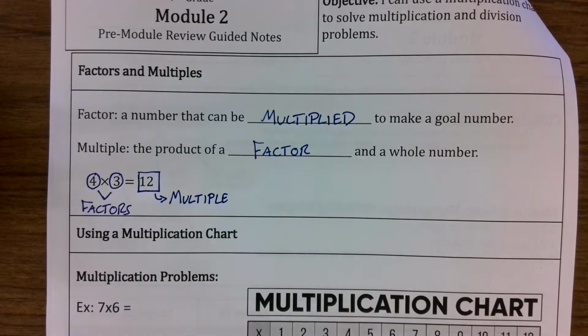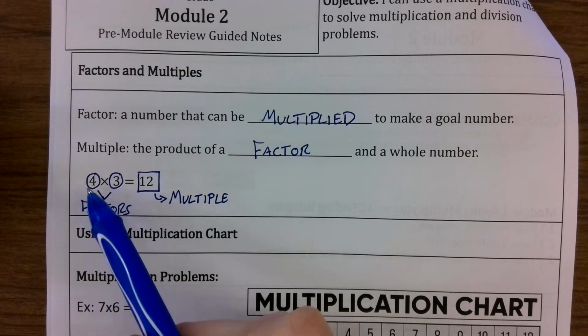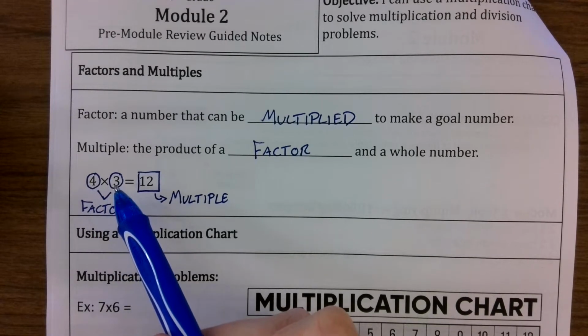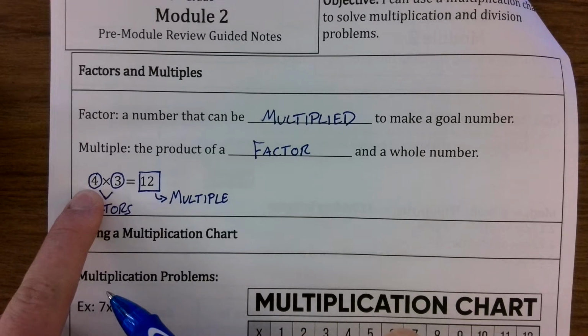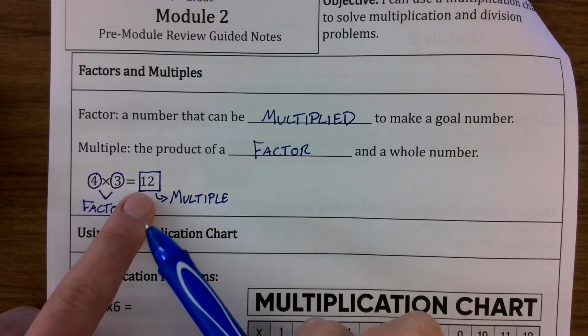It is the answer of a multiplication problem. So 12 is a multiple of 4 and a multiple of 3. If we count by 4s, we land on 12. If we count by 3s, we land on 12. So it's a multiple of both.